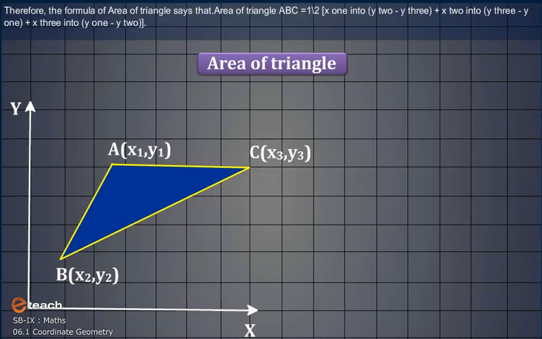Therefore, the formula says that area of a triangle ABC is equal to half bracket x1 into y2 minus y3 plus x2 into y3 minus y1 plus x3 into y1 minus y2 bracket close.